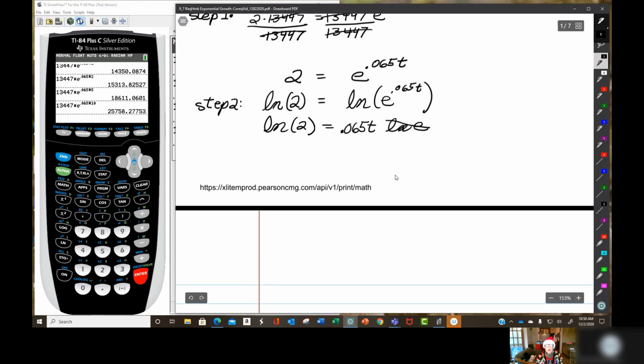The ln of e is 1. 0.065t times 1 is 0.065t. So, yeah, this is step 3 right here, where you bring the exponent down.